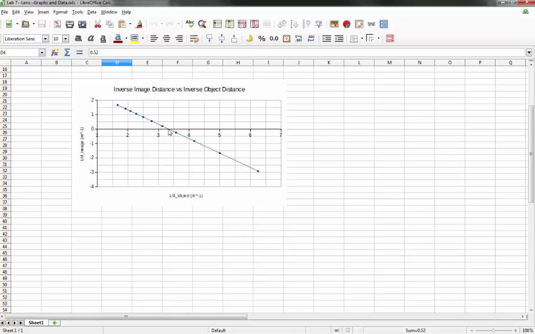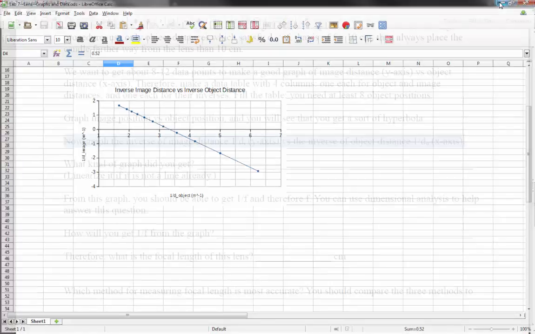Now, what happens where this line hits the intercepts? At the x-intercept, you have 0 for 1 over the image. At the y-intercept, you have 0 for 1 over the object position.